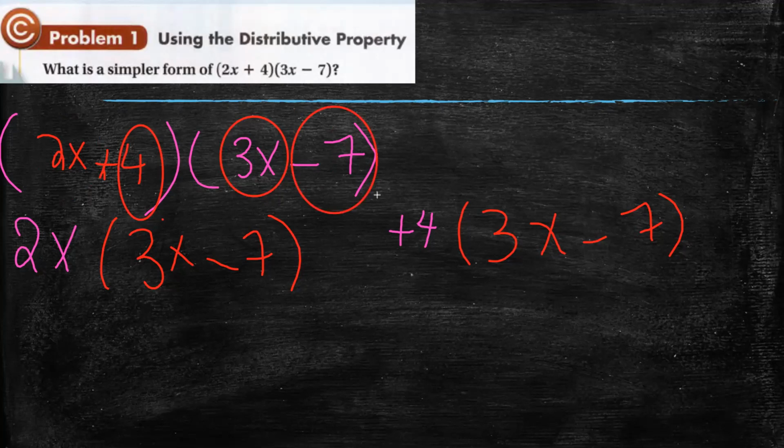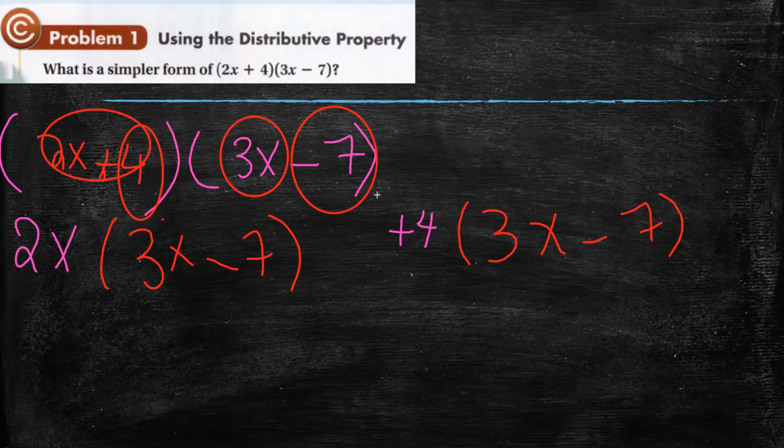As I told you, the first step is to take the 2x and the 4, write them down, one in one term and the other in another term, and between them we have a plus. Then take the binomial 3x minus 7, give it to 2x, and then give it to 4.